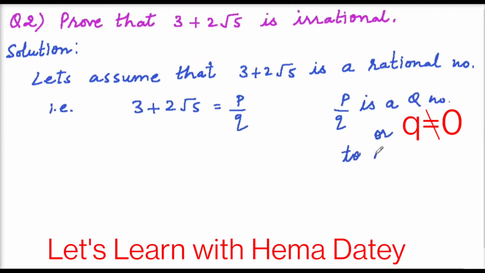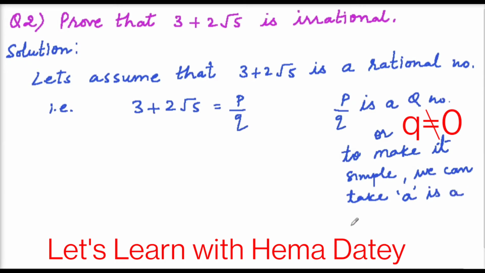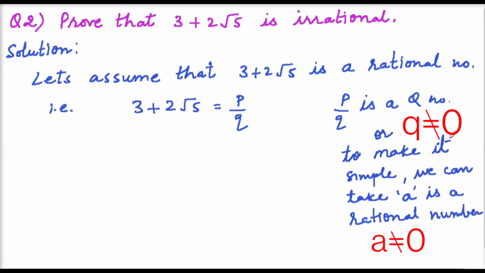Sometimes when we take a rational number in the form of P by Q, it may get difficult while solving. So, to make it simple, we can take A is a rational number, where A is not equal to 0.